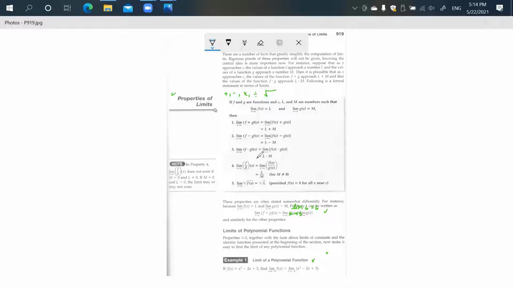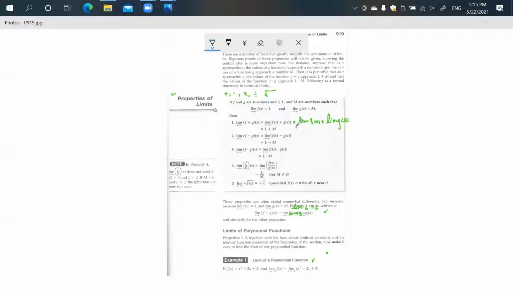Everyone still remembers how to write it, correct? For example, the limit of (f plus g) of x when x approaches c, you can rewrite in this pattern, right? You can rewrite it in another form, just expand it: the limit of f of x plus the limit of g of x.